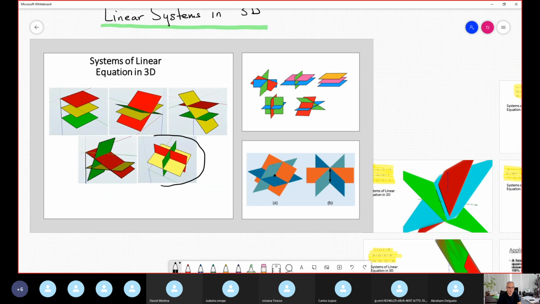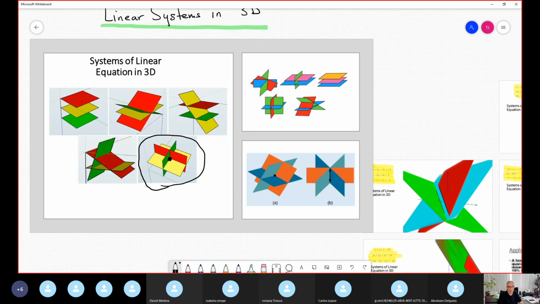This illustrates 3 planes, yellow, red, and green. The intersection of these planes, the typical example I will do now, is a point. So a point represents the solution. Okay, degree of freedom 0.